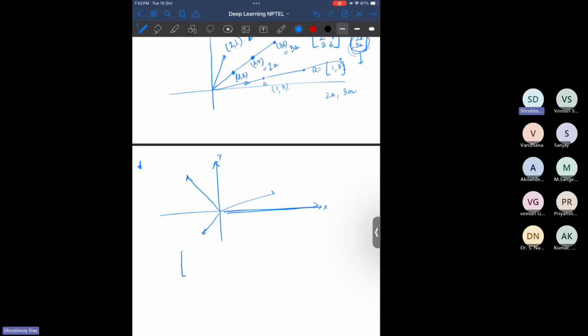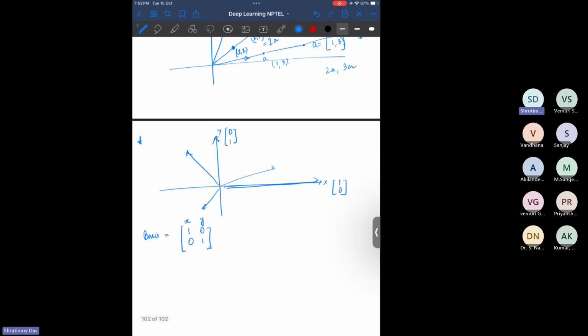Suppose my basis vectors are say 1 0 and 0 1. Let me say that this 1 0 is x and 0 1 is y. Now if I have any 2D vector, say 3 comma 5, I can write this as a combination of x and y.